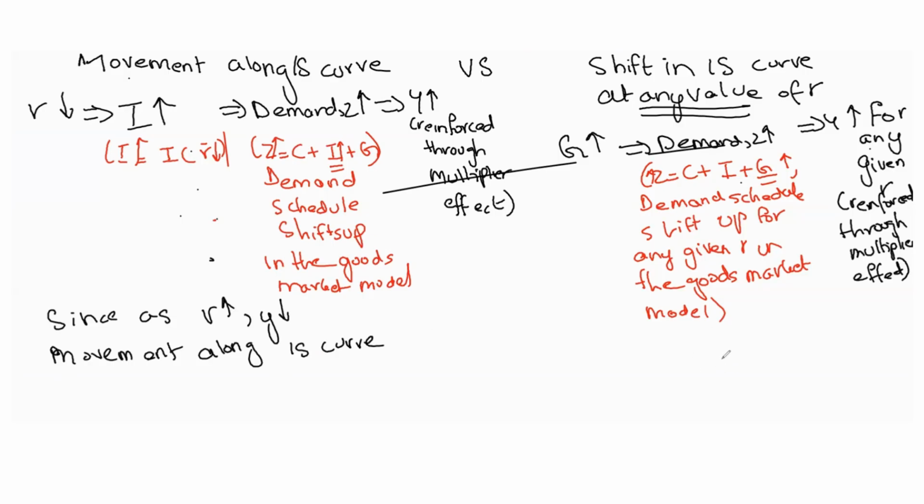Here, since Y increases for any given R, again this is the key, the IS shifts to the right. So in both cases, demand and output are increasing. There, it's because of the interest rate, so there's just a movement. Here, it's for any given value of R, and thus it's a shift. IS shifts to the right.